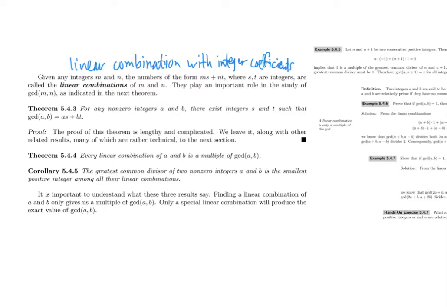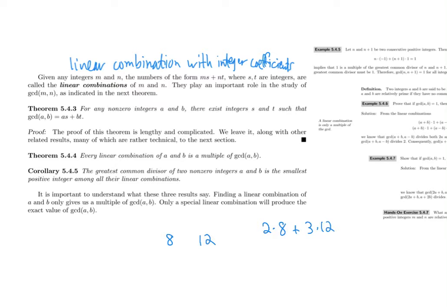So just to play around with this for a moment, if I have 8 and 12, the possible integer linear combinations of these, well, there's infinitely many linear combinations. I could write 2 times 8 plus 3 times 12. That will end up with a big number.